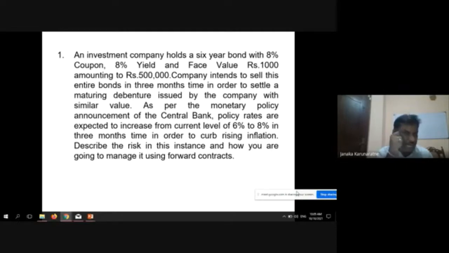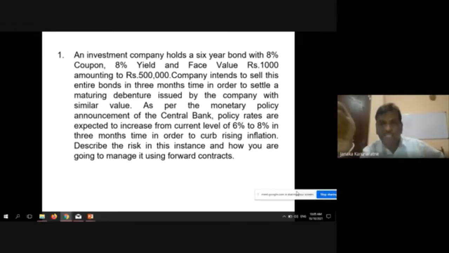So always use the right terminology. That is the risk arising from the market factor. The risk is interest rate rise, as a result price drops. So the risk to the bank is a possible interest rate increase.